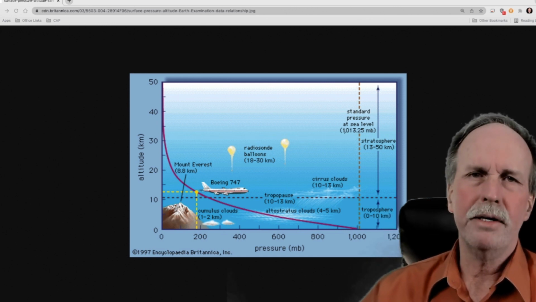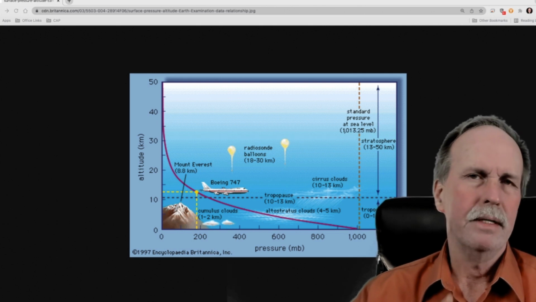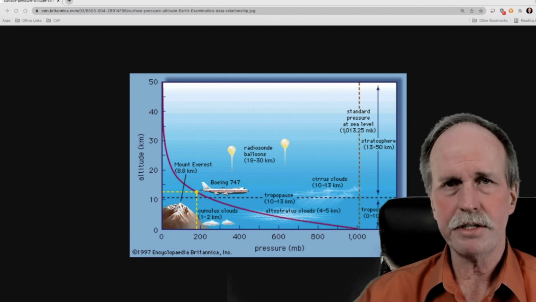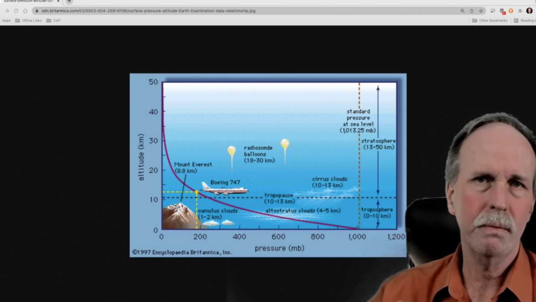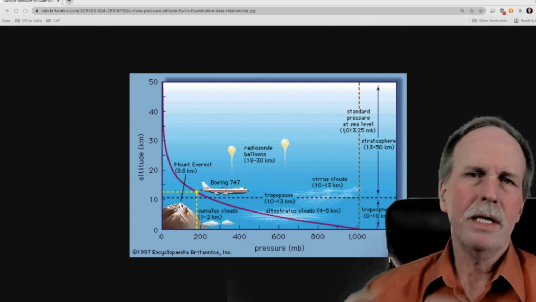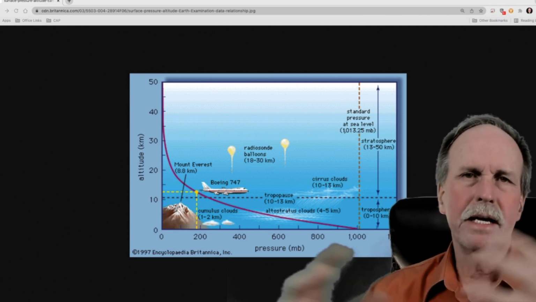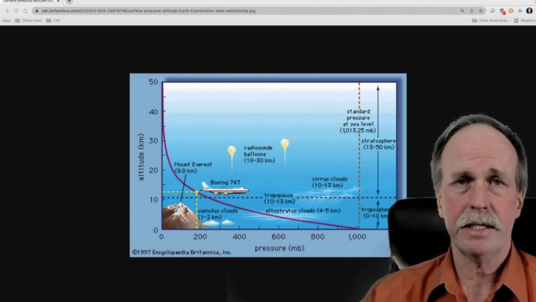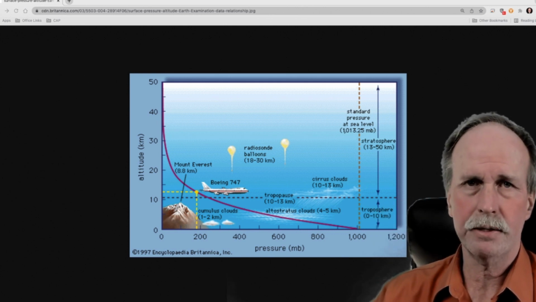So in reality, while it's true that gravity causes the pressure gradient within our atmosphere, more importantly, the fact that there is a pressure gradient in our atmosphere mandates the existence of a downward force, which we call gravity. Because if there wasn't a force of gravity, the gas pressure would expand outward to fill the available space, which is, I guess, the entire universe, and we wouldn't have any gas pressure or atmospheric pressure on Earth.